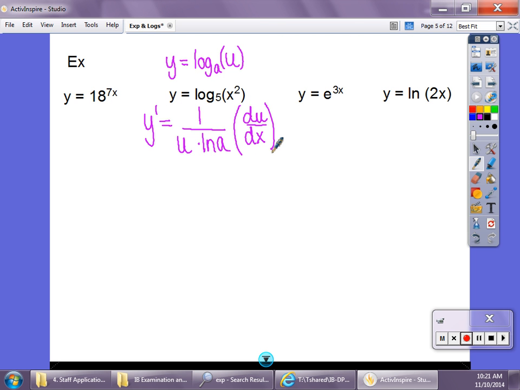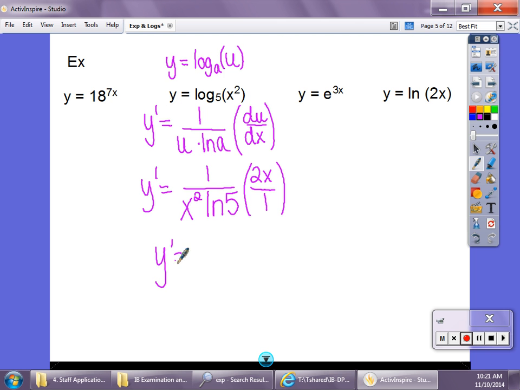So now we plug in. y prime equals 1 over, what's the u? x squared, natural log of 5, times what? 2x, the derivative of the inside. Does that 2x go in the top and multiply into the numerator and the denominator? No, just the numerator, because it's really 2x over 1. We multiply straight across. So we get y prime equals 2x over x squared times the natural log of 5.